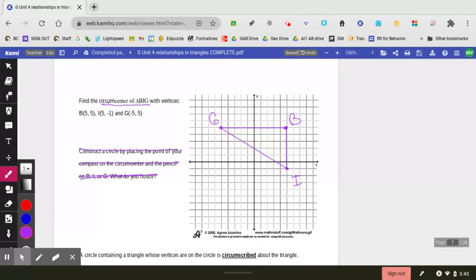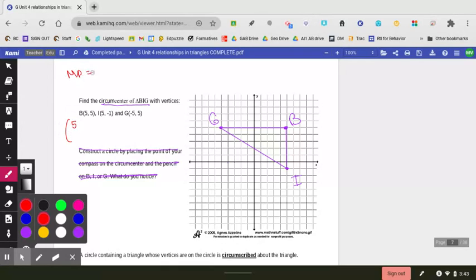So the first perpendicular bisector I'm going to find is of BG. And why I'm picking BG is because it's a horizontal line. Lines that are perpendicular to a horizontal line are vertical. So that means I really only need to find the midpoint. So I can find the midpoint of BG by doing the formula. The midpoint formula is x1 plus x2 over 2, comma y1 plus y2 over 2.